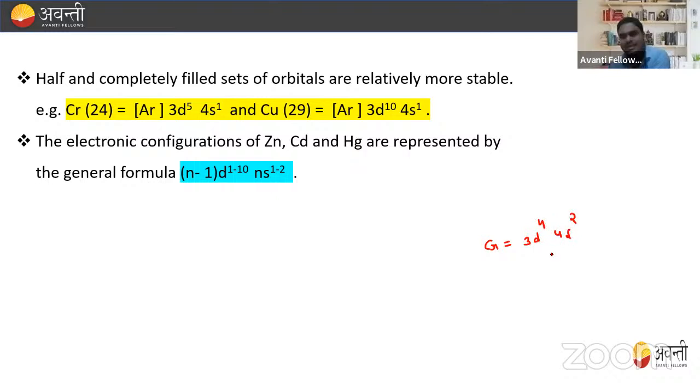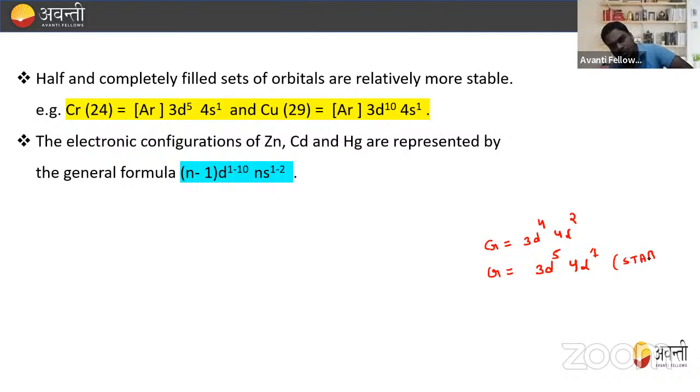Since we know that d has 5 orbitals, in which 10 electrons are placed, they are either fully filled, having 10 electrons, or half filled, having 5 electrons. So chromium is stable either half filled or fully filled. Fully filled is not possible to attain, so it acquires the half filled configuration. How? It accepts 1 electron from 4s2, so it becomes 3d5 and 4s1. Now this is much more stable, right?